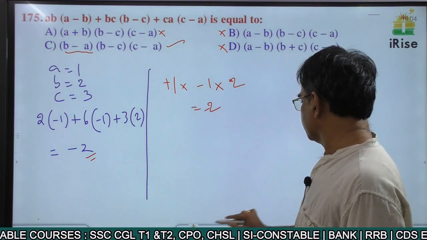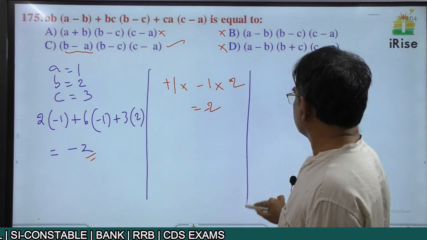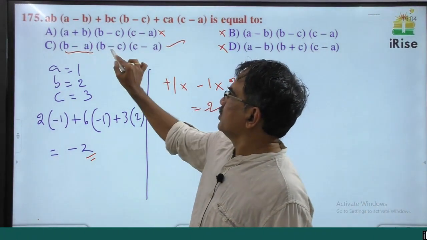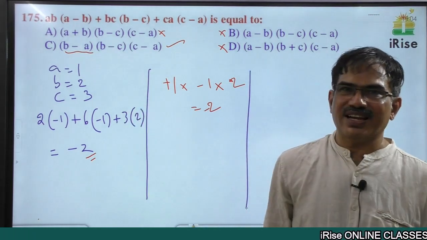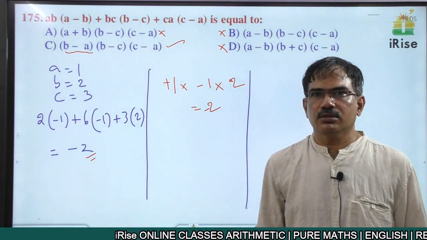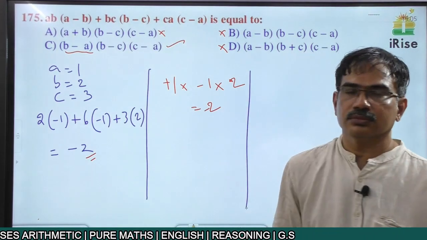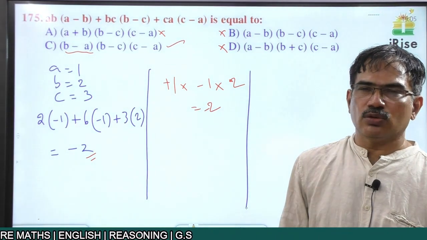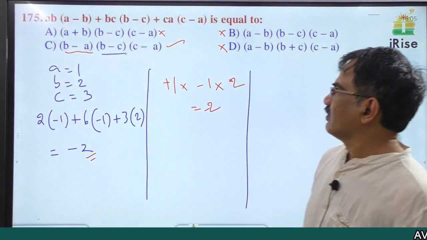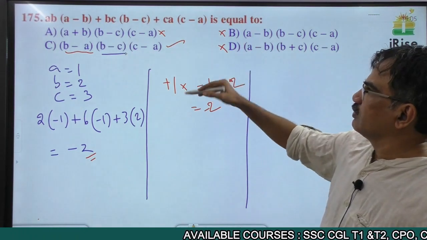See here. To check whether A minus B is a factor or B minus A is a factor, B equal to A must satisfy this equation. Similarly, if B minus C is a factor, okay, so if the options are different, I want to go for this one.